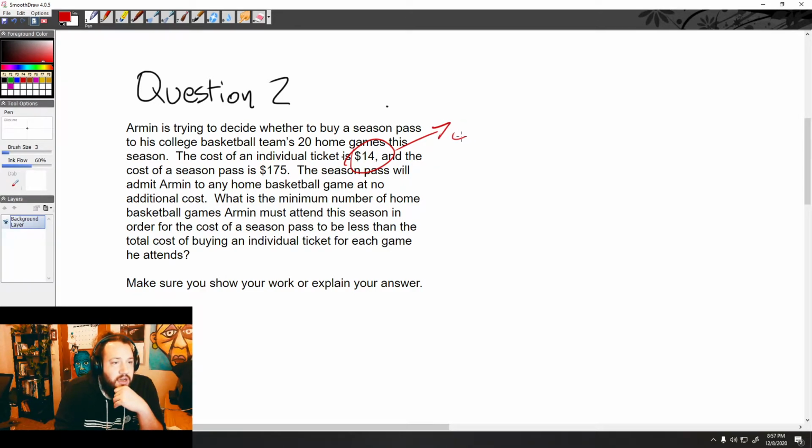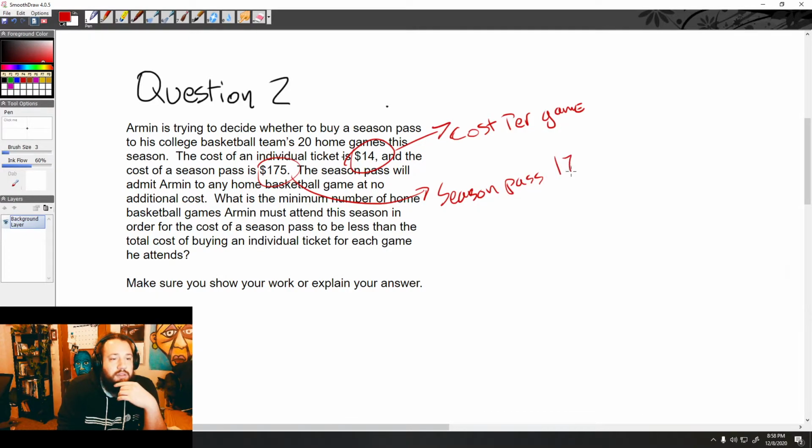This is cost per game. And the cost of a season pass is going to be $175. Oh, and remember, we are looking at 20 games that he could go in total.